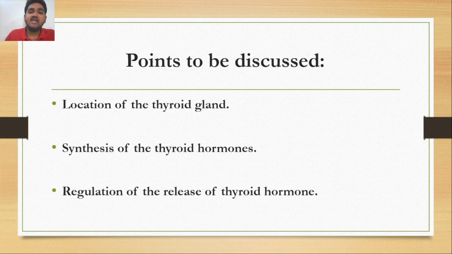Then we will see कि ये जो हमारे hormones होते हैं that is T3 and T4 ये हमारे thyroid gland में synthesize कैसे होते हैं. So the second point we are going to cover is the synthesis of our thyroid hormones and finally we are going to understand the regulation of the release of our thyroid hormone. So without wasting any further time, let us get started with the location of our thyroid gland.